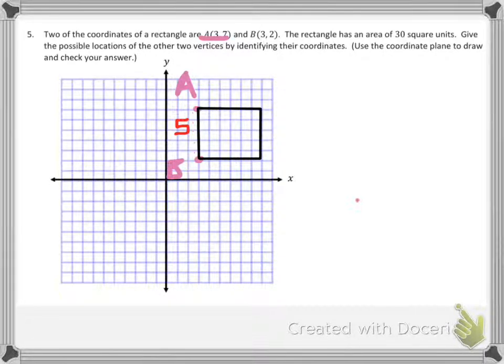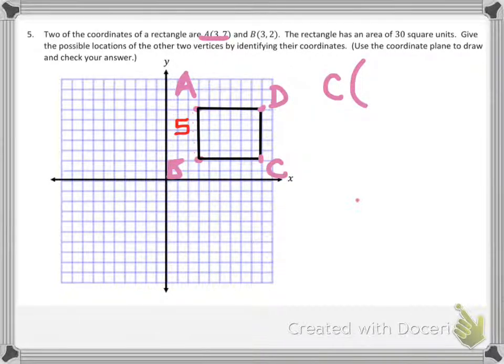And then I would connect those to complete my rectangle. Now I need to name these points with ordered pairs. So A, B, that means that C is going to be down here and D is going to be here. And then I can say that point C, we'll start with that one, point C is the ordered pair.